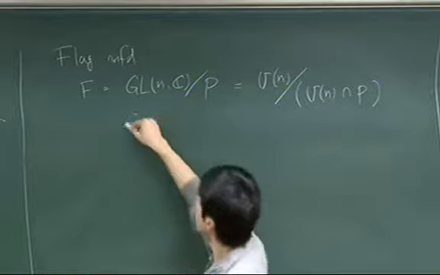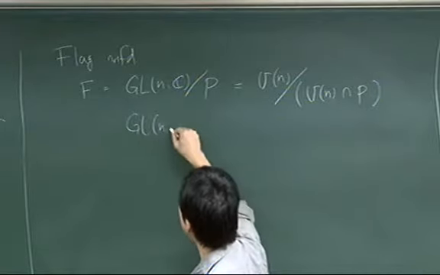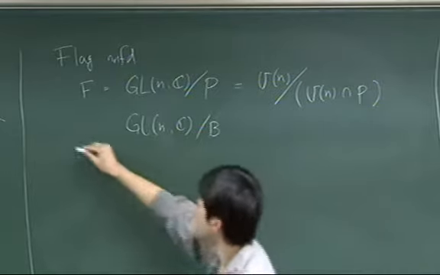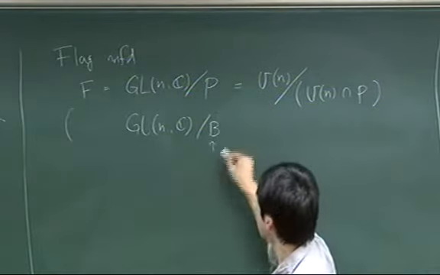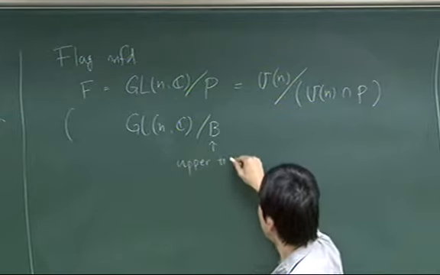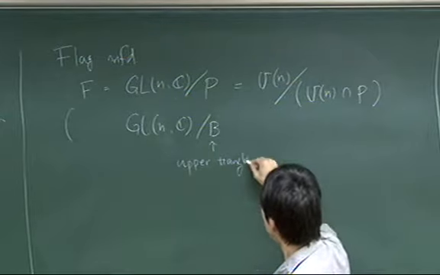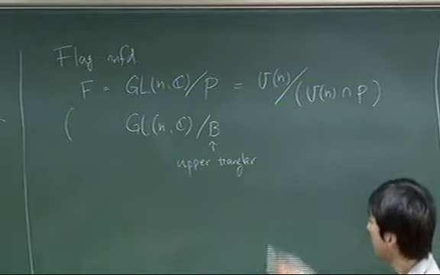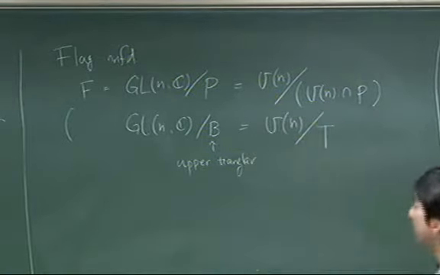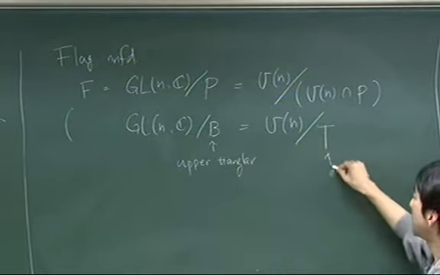Or you may just consider the case of full flag manifolds: B is the upper triangular matrices, divided by its maximal torus, the diagonal matrices.